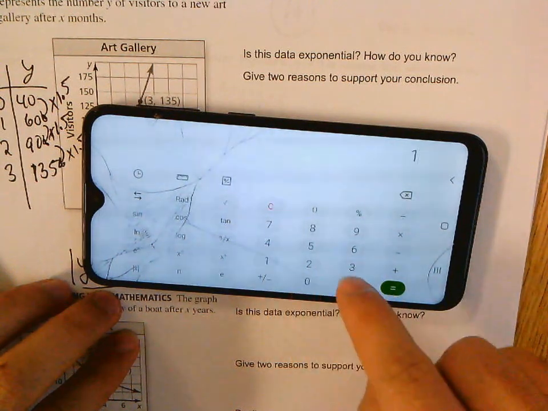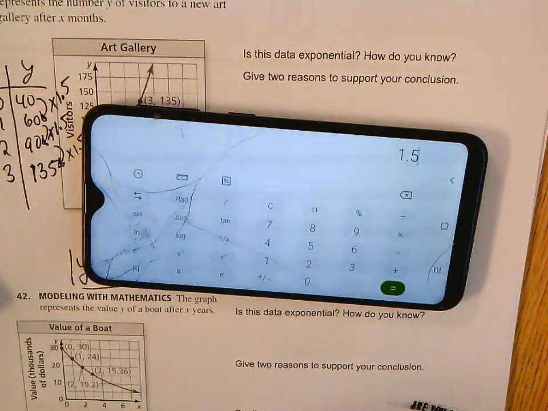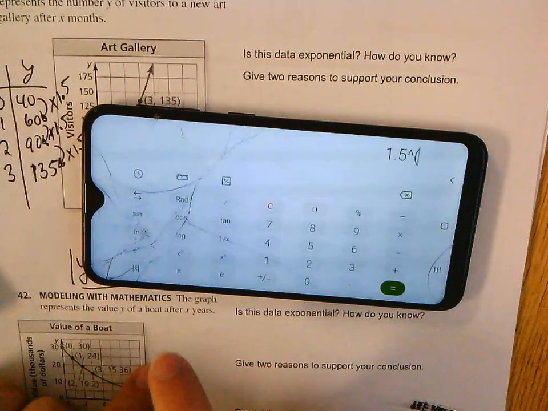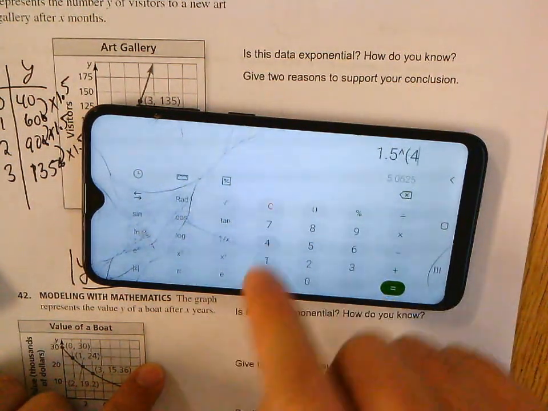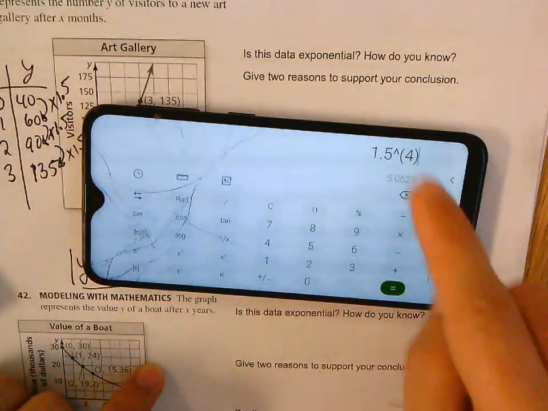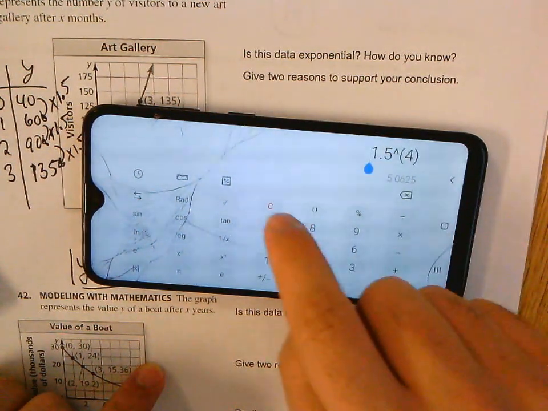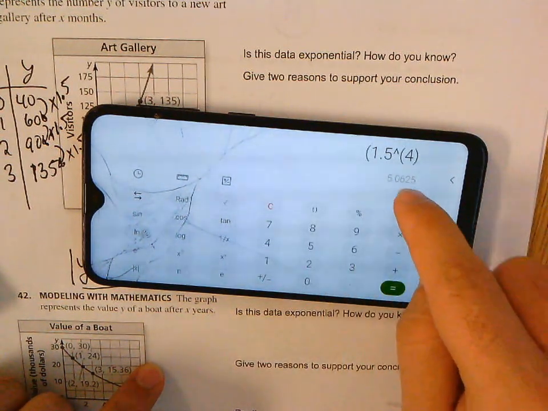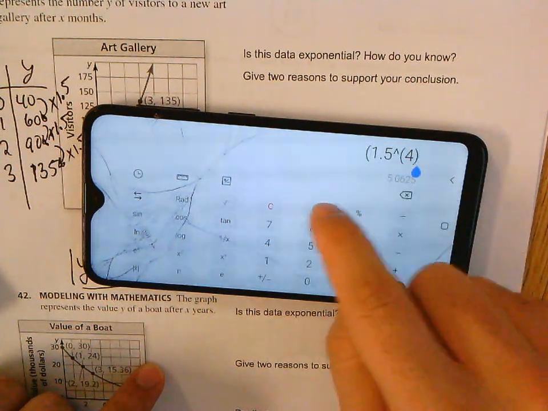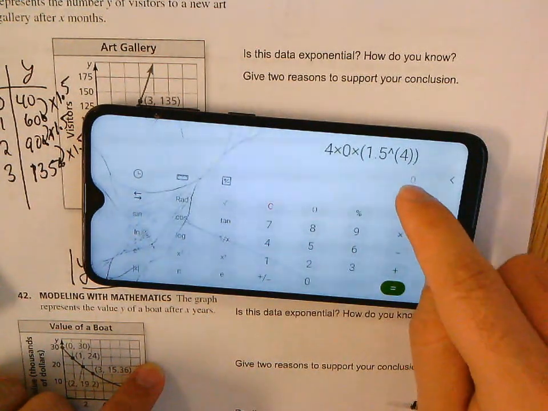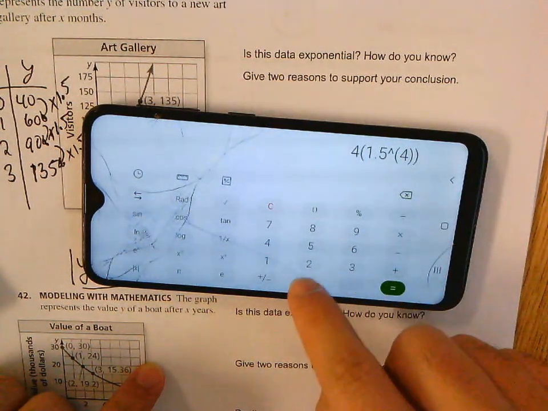If I do 1.5 raised to the power of 4, and then I multiply all of that times 40, oh, not 4 times 0, it's 40.